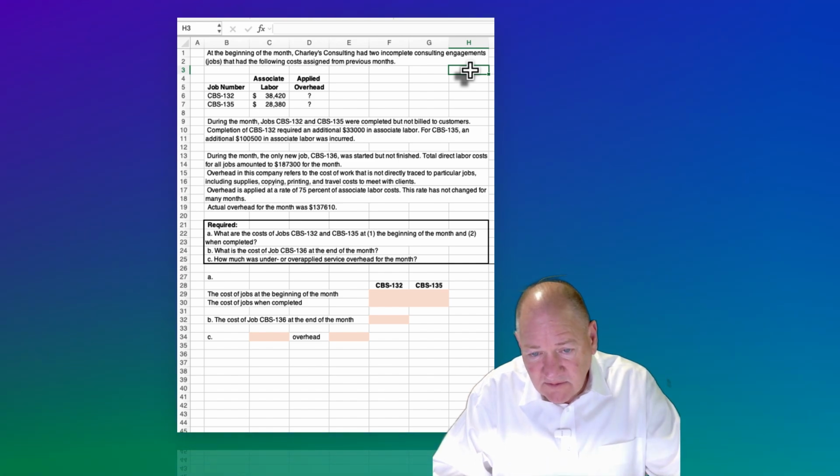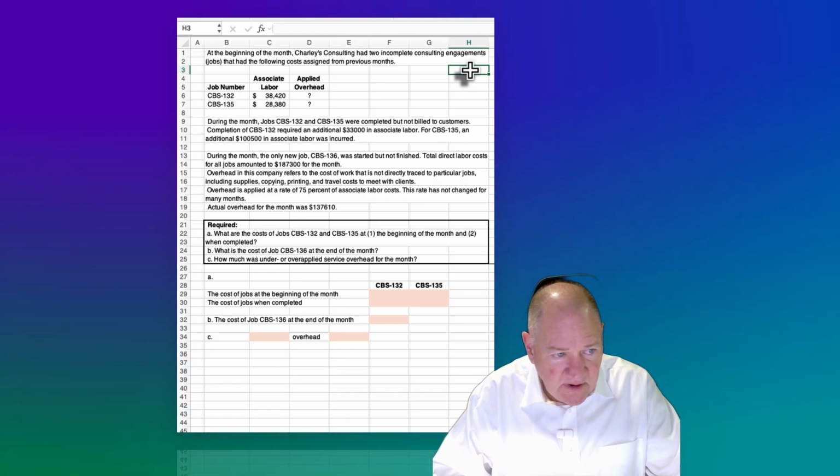Recall that 136 was started during the month, not completed, but started during the month. And we need to determine the cost already on job 136 as of the end of the month. And then the final question they ask us is, how much was the under or over applied service overhead for the month? So that's the challenge we have in front of us.